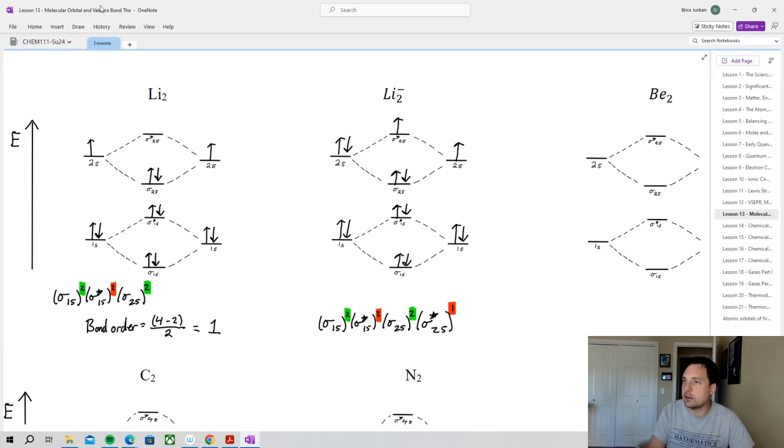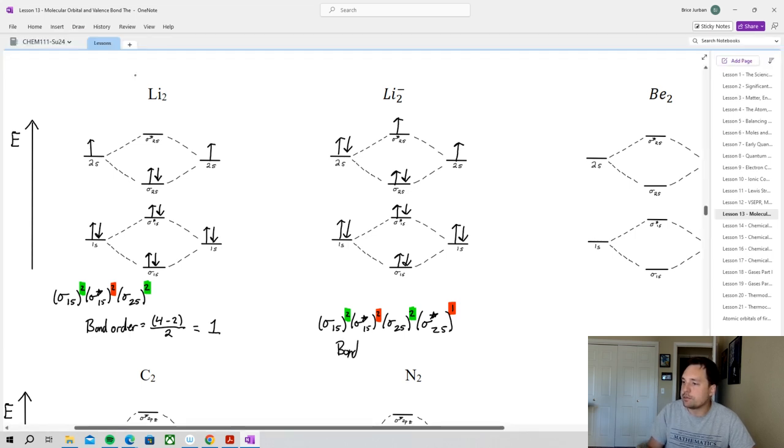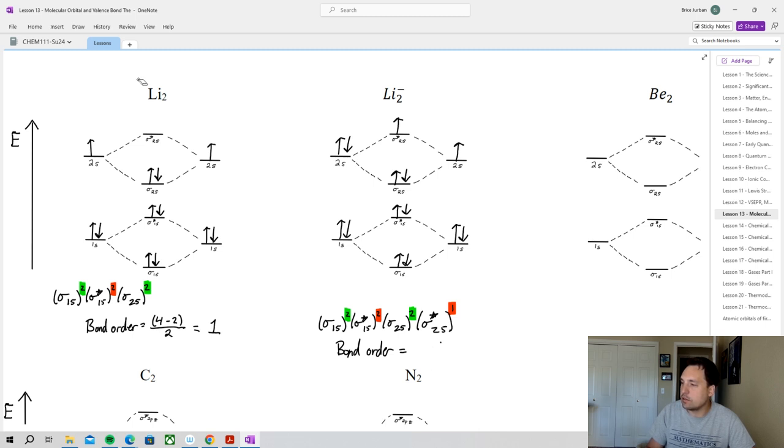And that's destabilizing. So the bond order for this molecular ion is 4 minus 3, divided by 2, which is 1/2.